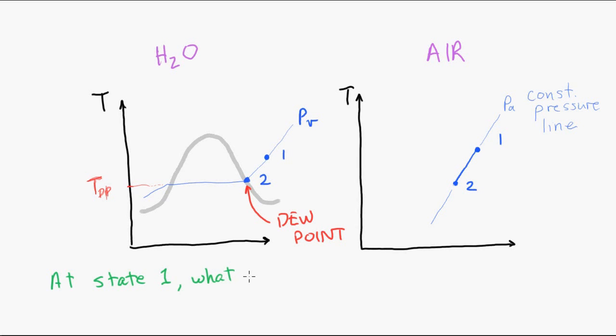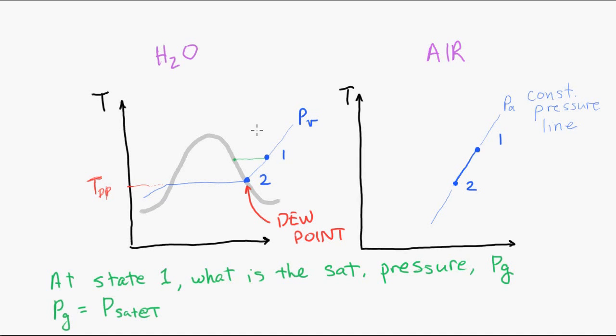Now at state 1, what is the saturation pressure, which we called PG? You recall the saturation pressure is a function of the temperature. It's the saturation pressure at the given temperature for T1.